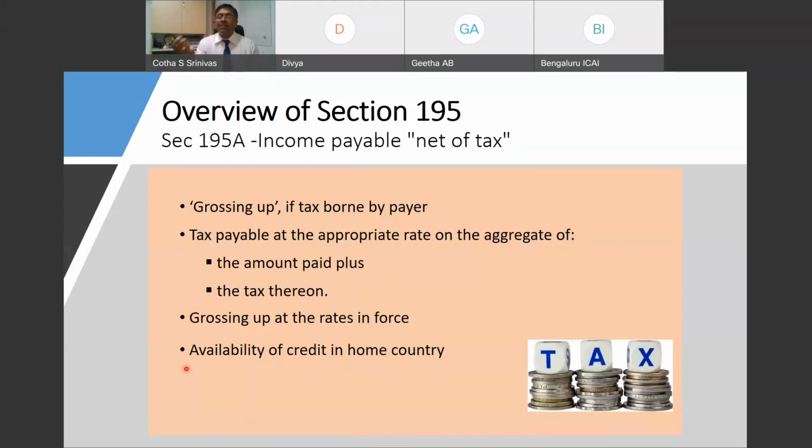On that, you have to calculate 10%, which comes to 1,111. The balance will be 10,000. So 10,000 you have to remit to the non-resident, and 1,111 has to be remitted to the government as tax liability. So this is the concept of grossing up of tax.